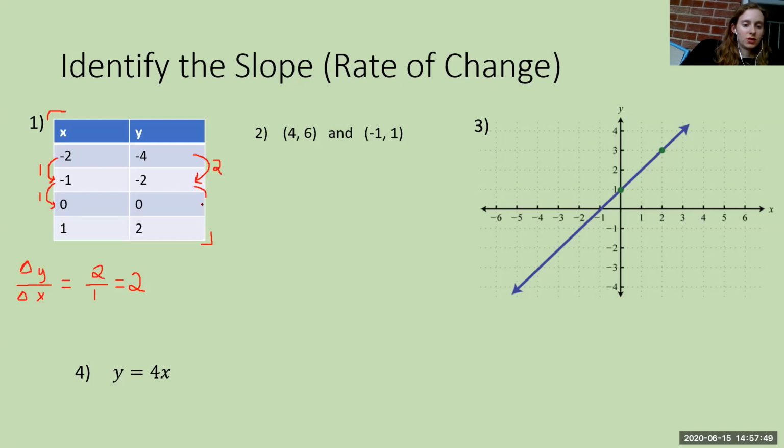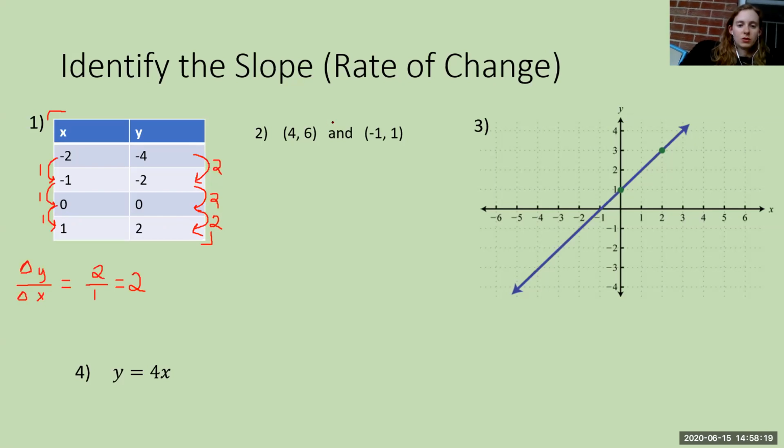Going from -2 to 0, that's an increase of 2. So again, we would get the same change in y and the same change in x. It would reduce to 2. Same thing again, 0 to 1 is an increase of 1, and 0 to 2 is an increase of 2. So it's a constant rate of change. The change in y compared to the change in x is always going to reduce to 2.